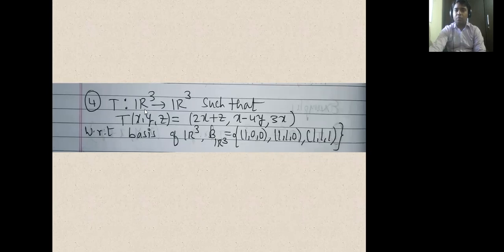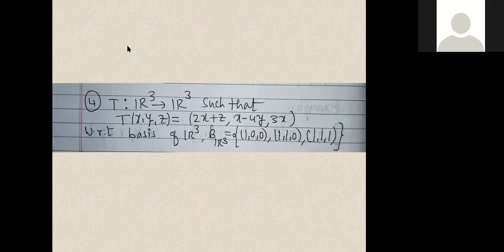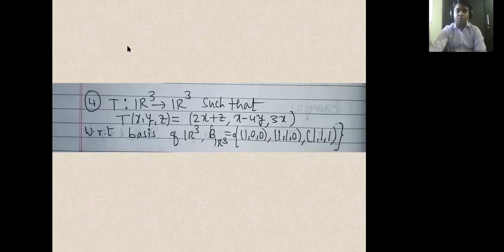Domain and codomain take the same basis, and with respect to this basis you find the matrix associated with T. How to proceed? We will apply our steps and get the matrix associated with this linear transformation. So let us solve this. Everyone pay attention to the screen.